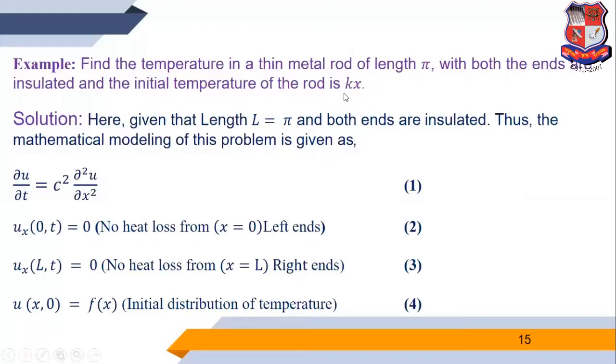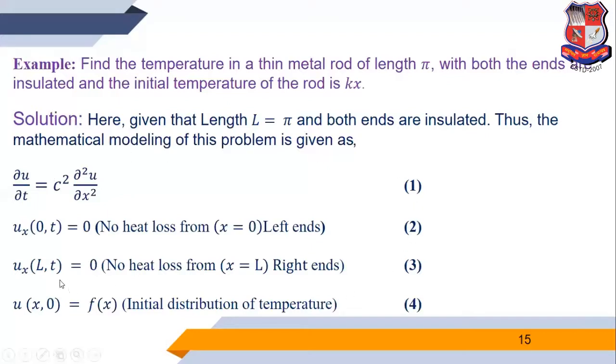Thus we define the initial boundary value problem of this given problem. The mathematical form is the one dimension heat equation, equation 1. Equations 2 and 3 are both boundary conditions, and the third, equation 4, is called the initial condition.